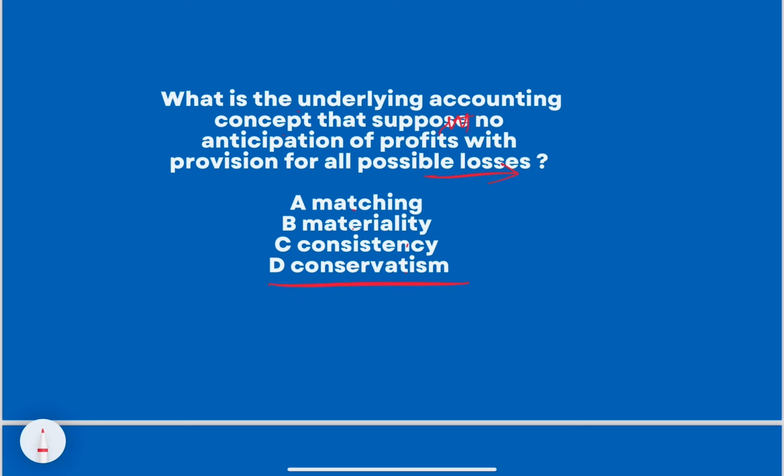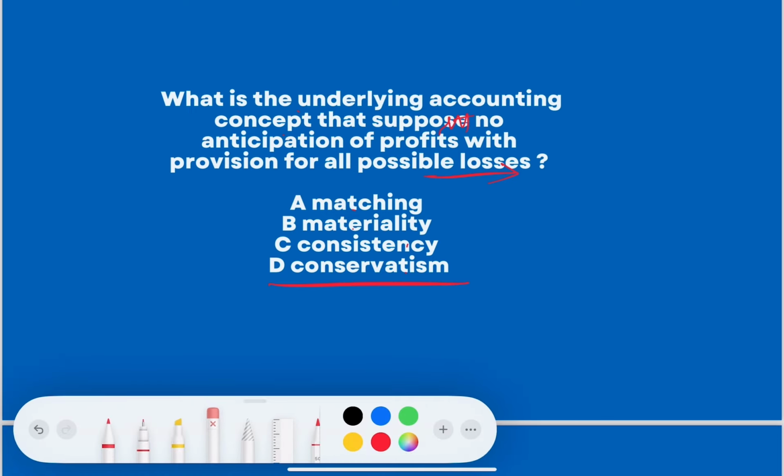It is conservatism. I hope you understood the previous class. We spoke about conservatism, right? Conservatism is the concept that you should have a cautious approach, and you should always expect the worst. You should look for the loss, right? So here, for the possible losses, it is conservatism.